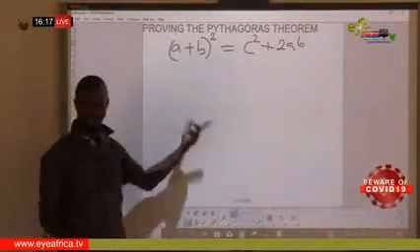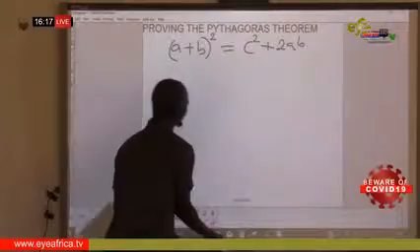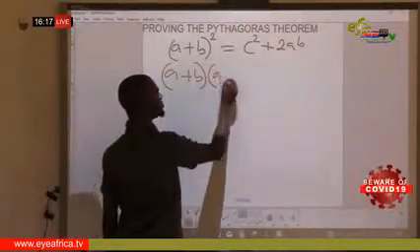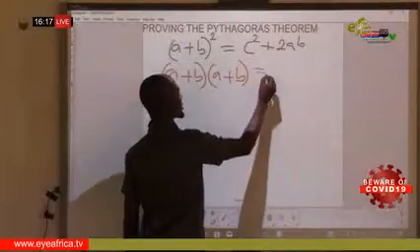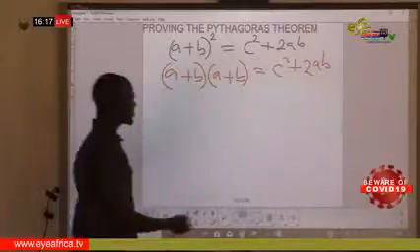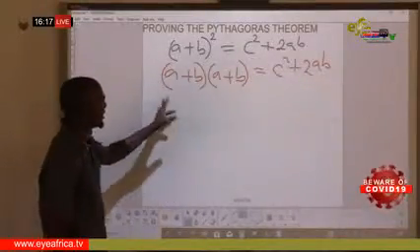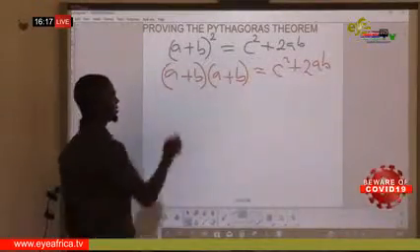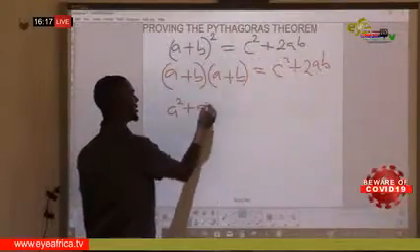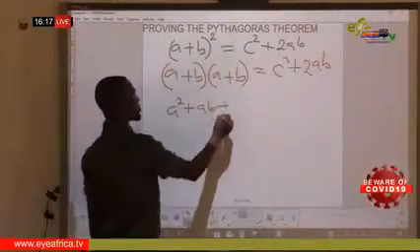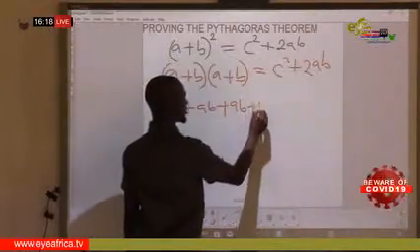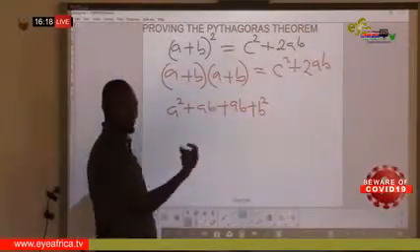If you expand this, expanding this will give you a plus b times a plus b, which is equals to c square plus 2ab. After doing the work, if you simplify, you will have a square, that is a times a, plus ab, that is a times b, plus b times a is also ab, plus b square, that is b times b.